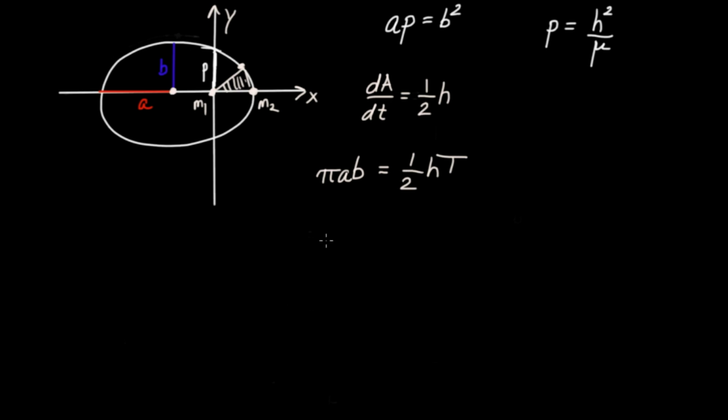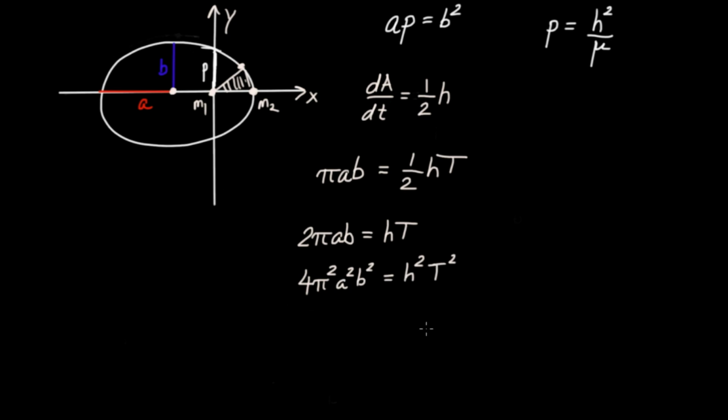Now the first manipulation I'm going to do is multiply both sides by 2. So on the left hand side I get 2 pi times a b is equal to h big T. Now the second thing I'm going to do is square both sides. So I'm going to get 4 pi squared a squared times b squared equals h squared times T squared.